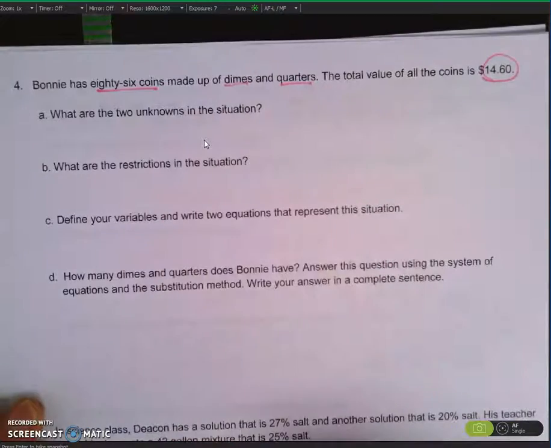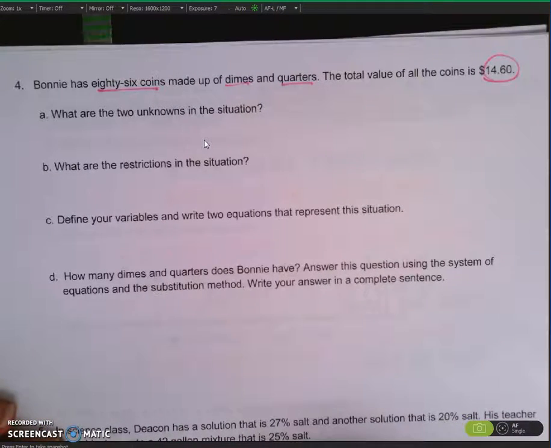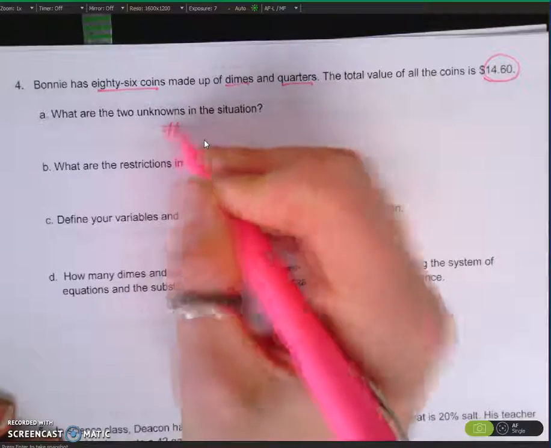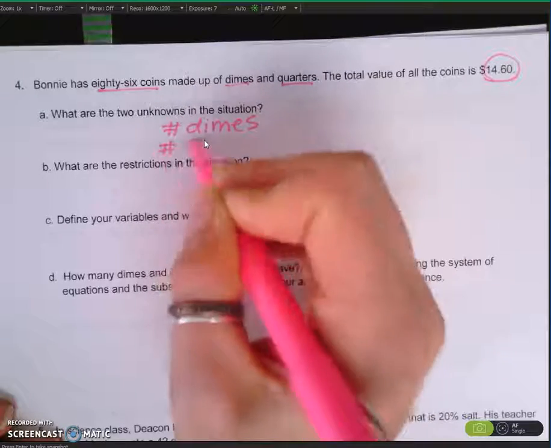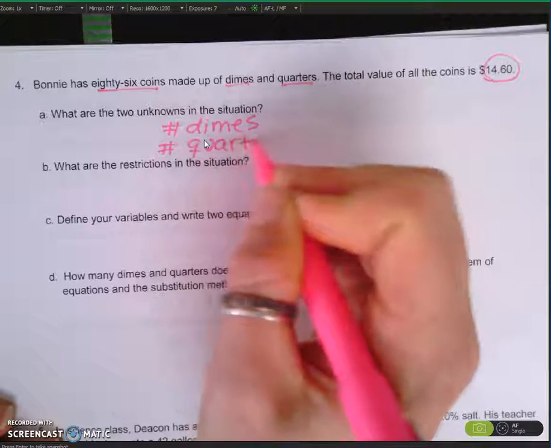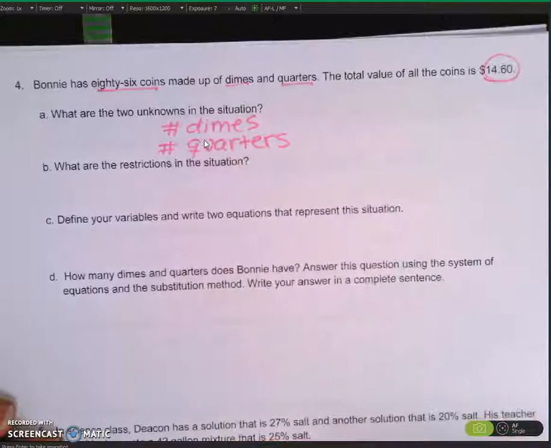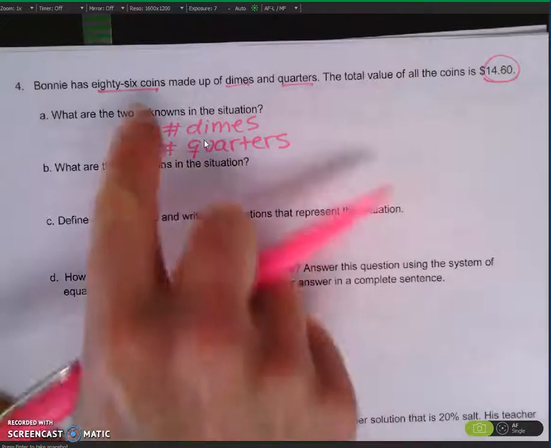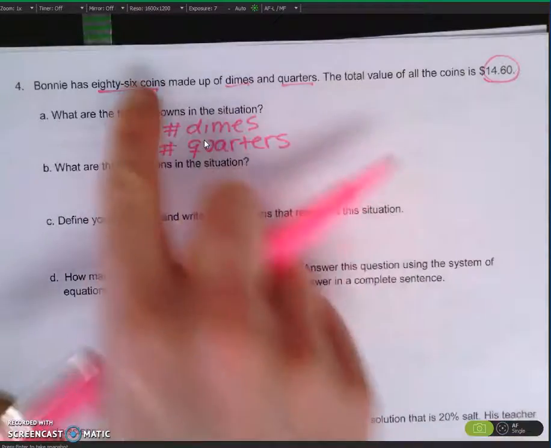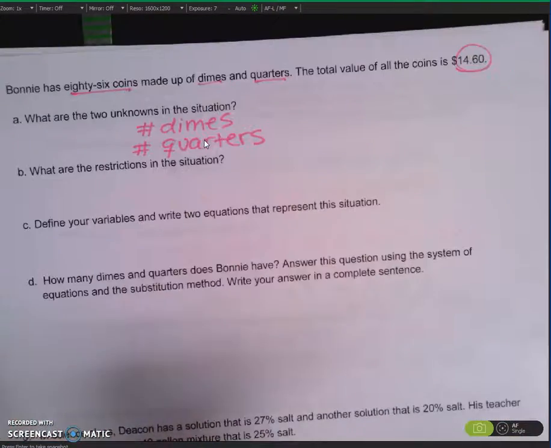What are the unknowns in this situation? What type of questions could I ask you? That's right. It's the number of dimes, and it's the number of quarters. What are the restrictions in this situation? Going back to the story, what are the details that make this context?